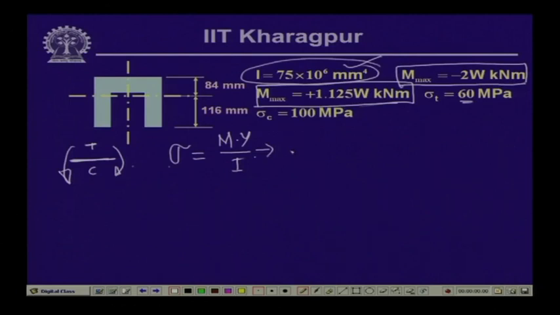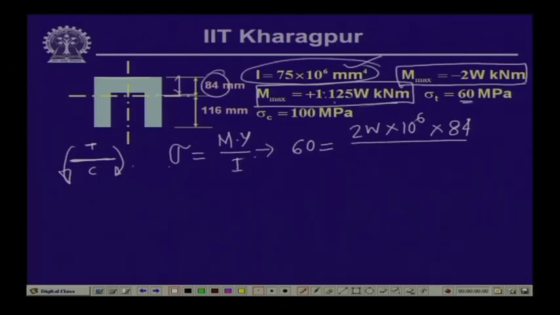Thereby, for the first case we have 60 is equal to M, which is twice W kilonewton meter, times 10 to the power 6 to convert to Newton millimeter, multiplied by y, the neutral axis distance from the top, which is 84 millimeter, because maximum tensile stress will occur at the top fiber.